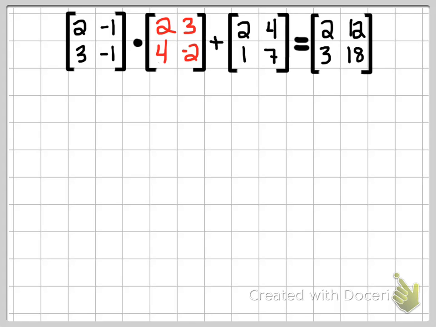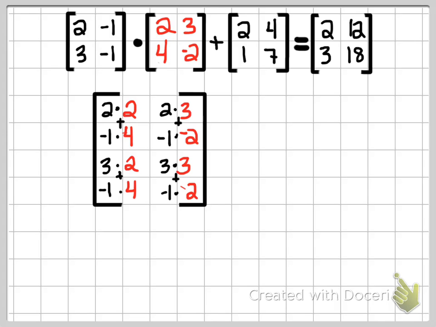Matrix multiplication happens first. So we take our rows and our columns and we add the multiplication of the matching elements. So our first row and our first column, 2 times 2, is going to be increased by -1 times 4. For our second element, which is 1, 2, we take the first row and the second column. And you can see that we did multiplication.